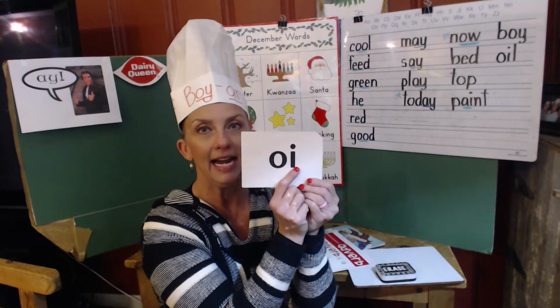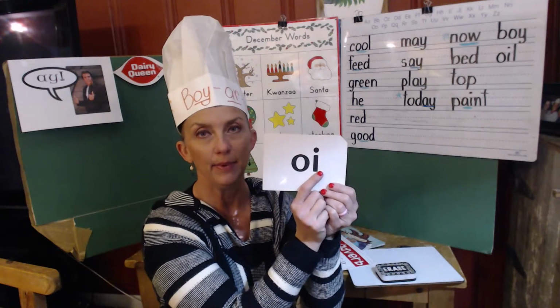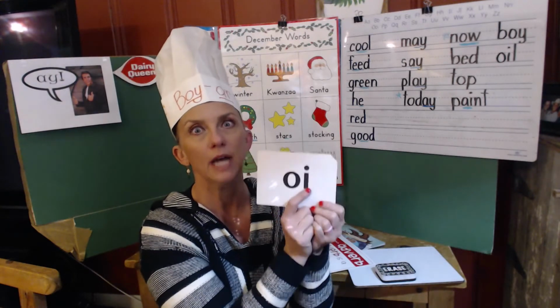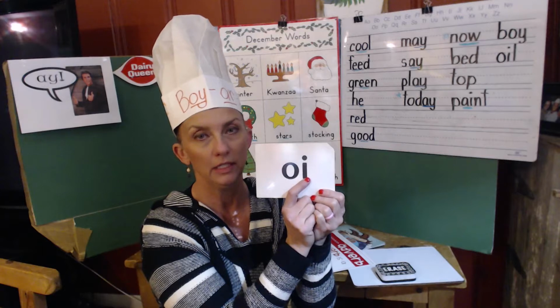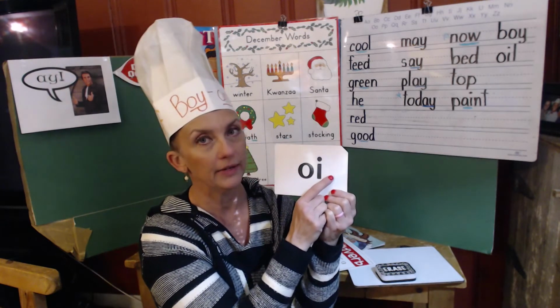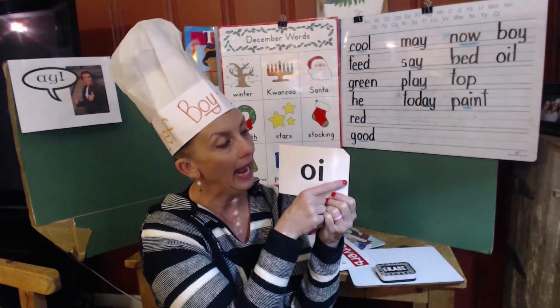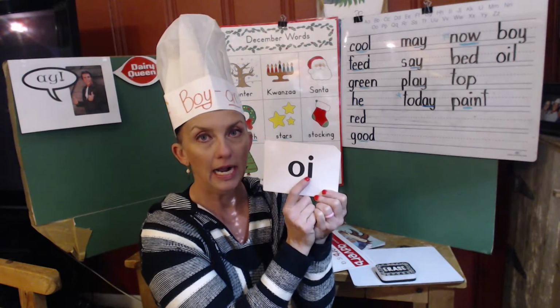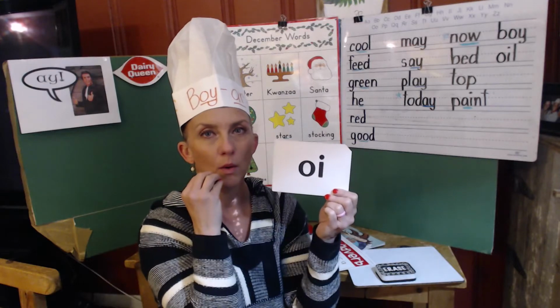But it has an I instead of a sneaky Y. So this one we do not use at the end of a word because English words do not end in I. So we will always have another letter or more than one letter after O-I, but it still says Oi.